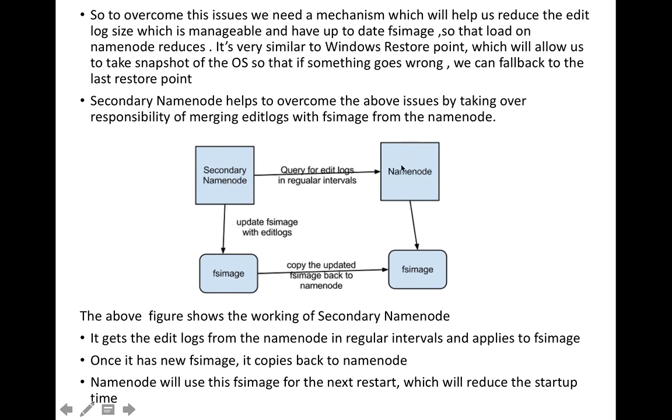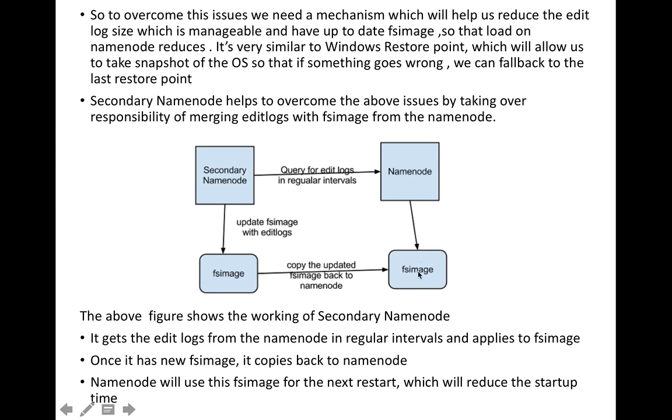even while this name node is running, I can use my secondary name node to merge the edit logs into the first image. After I modify the FS image with the edit logs, I copy the updated FS image back to the name node.